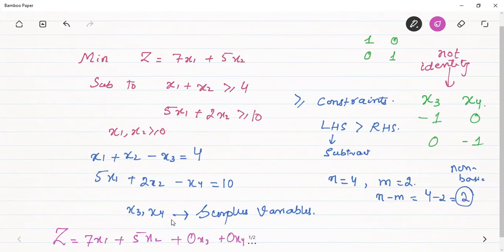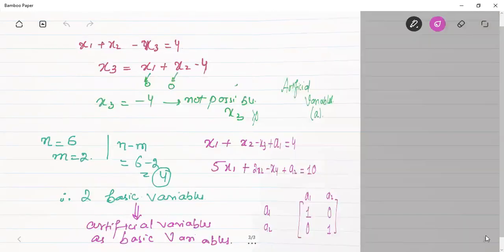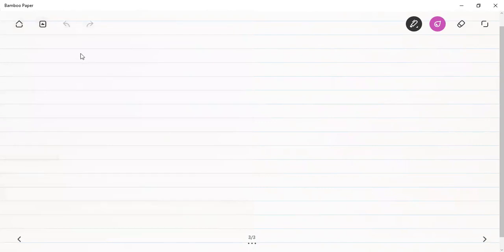But now I have introduced the concept of the artificial variables, therefore they have to be introduced in the objective function as well.